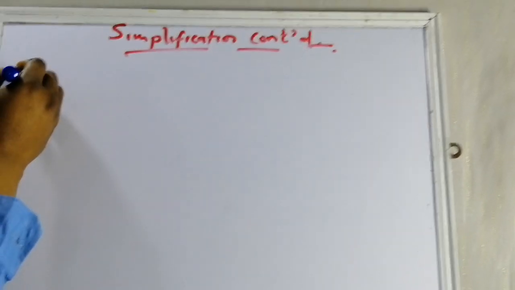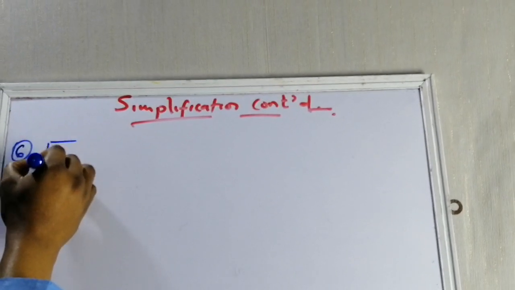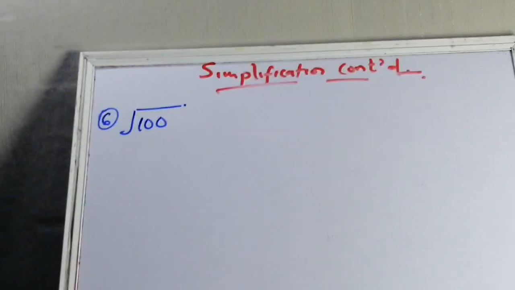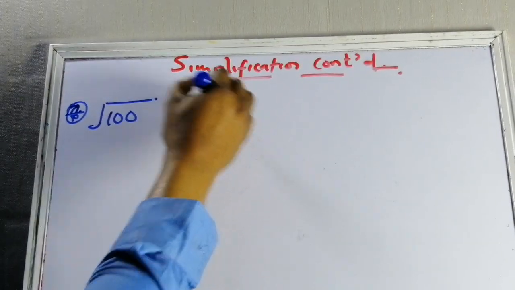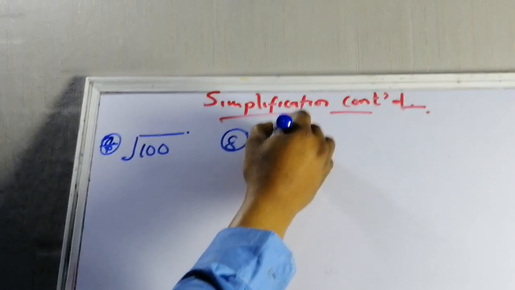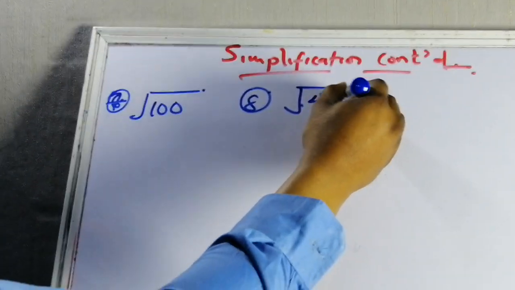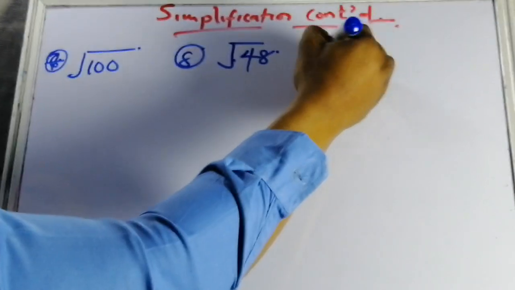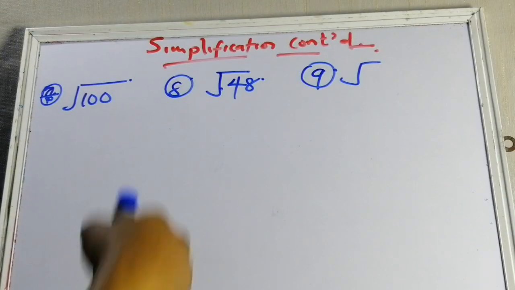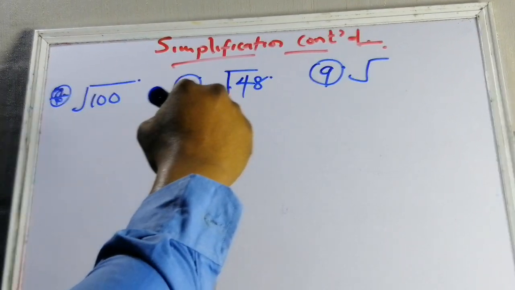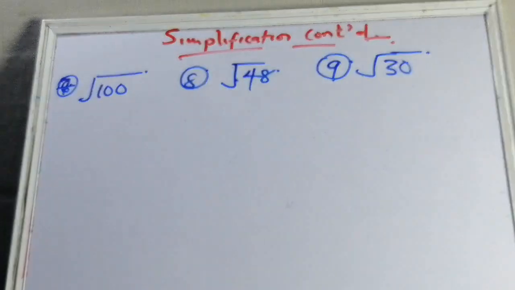We stopped at 6 in the previous section. So number 6 we have, let's say, root 1000. Number 8, we have roots, let's say, 48. Then number 9, let's say root 30.